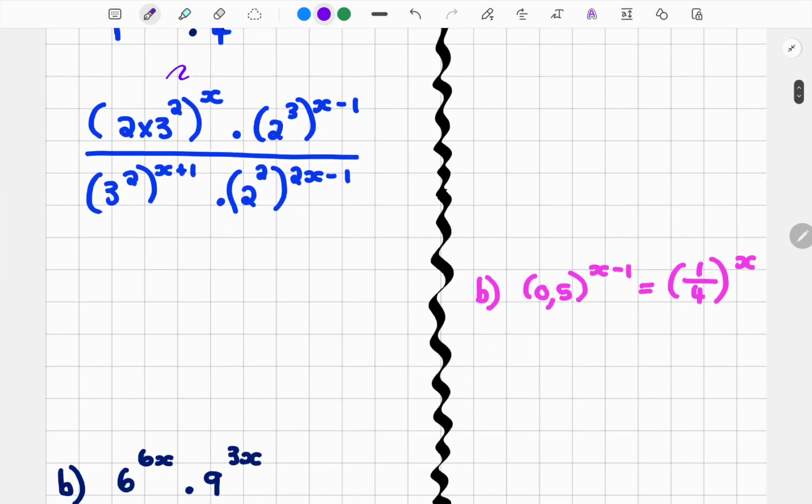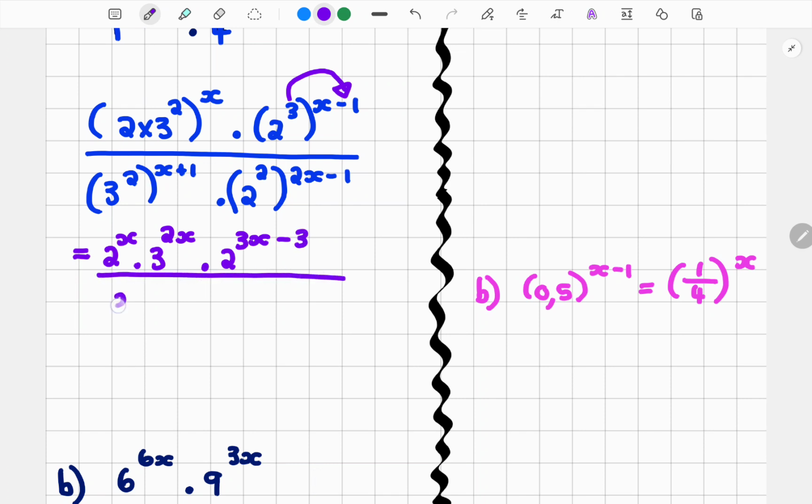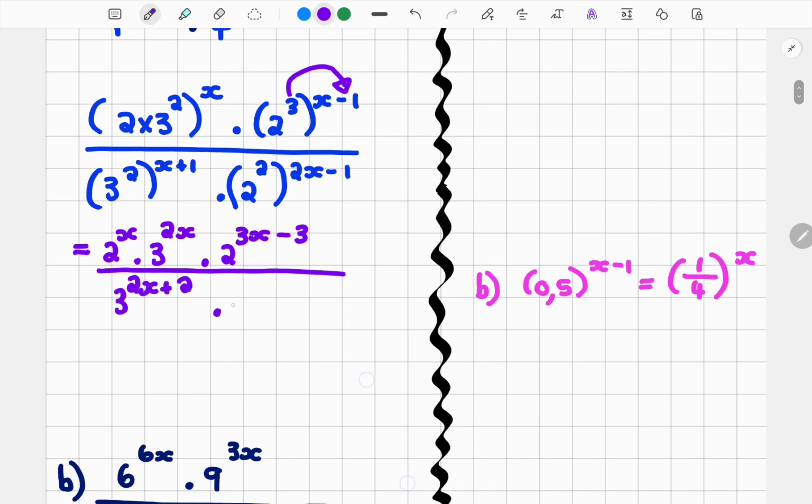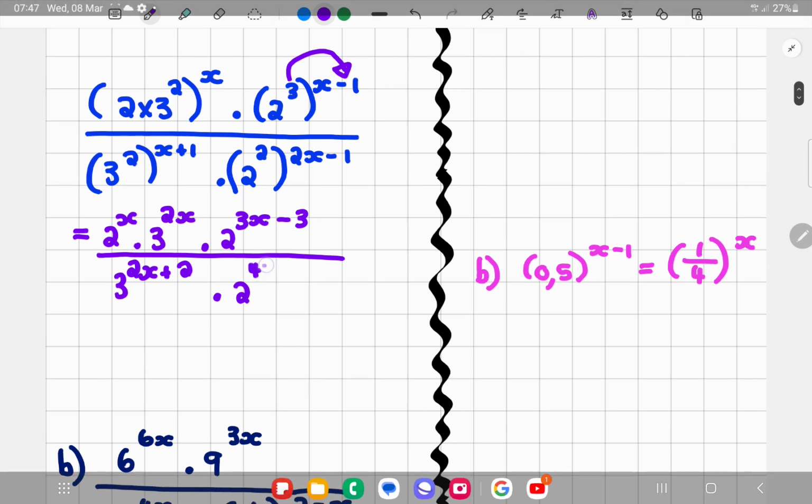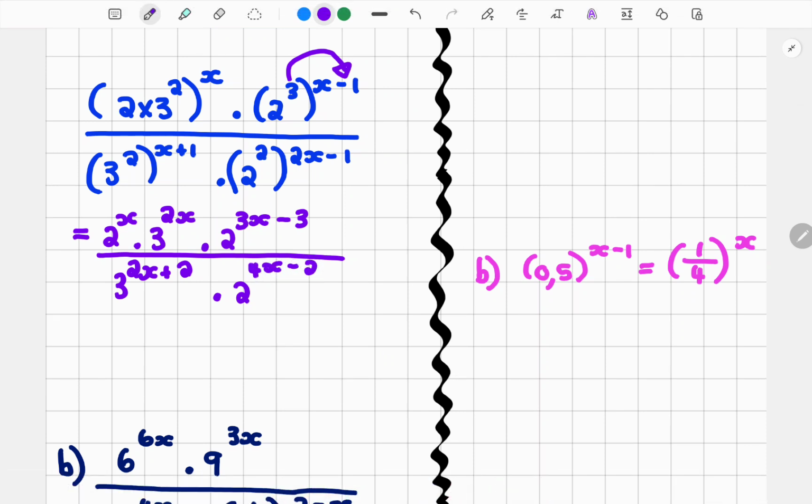Everything inside the bracket is to the power x, so it's going to be 2 to the power x times 3 to the power 2x times 2 to the power 3x minus, and very important, the 3 also has to multiply with the negative 1, which gives you negative 3. All over 3 to the power 2x plus 2 times 2 to the power 4x minus 2.